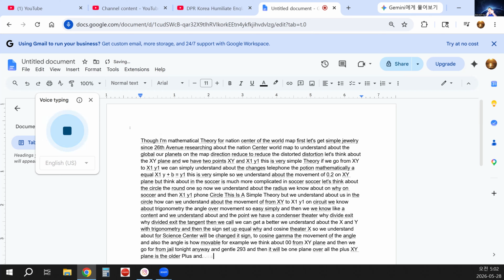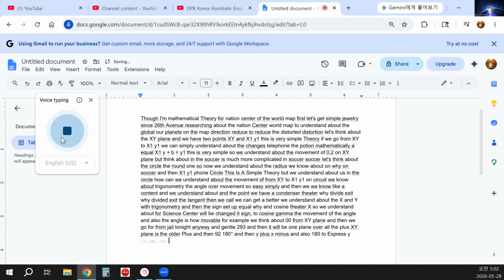Then 90 to 180 degrees, y plus and x minus. Then 180 to 270 degrees, both x minus and y minus. And then 270 to 0 degrees, we go for x plus and y minus.